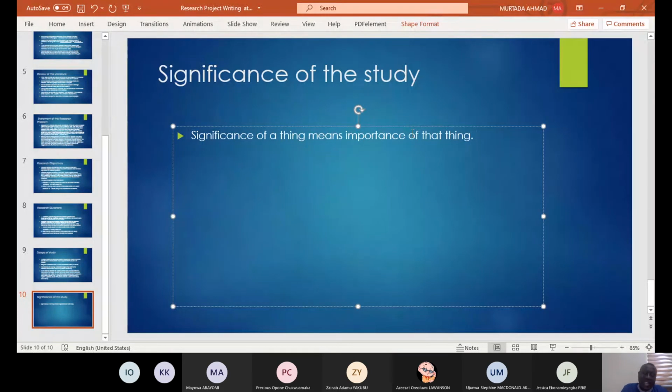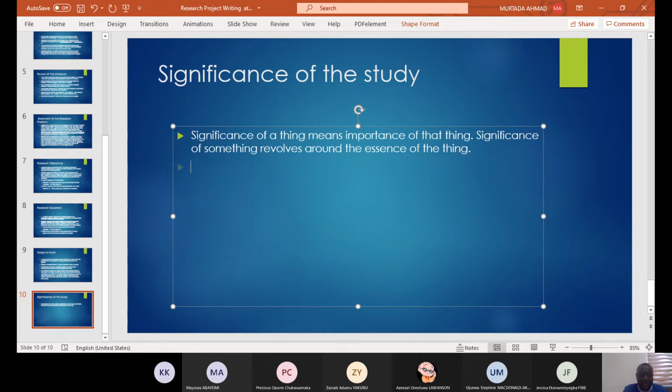And significance of something revolves around the essence of the thing. So that's what you mean when you say significance. If somebody says, what is the significance of going to school? Going to school has some significance.